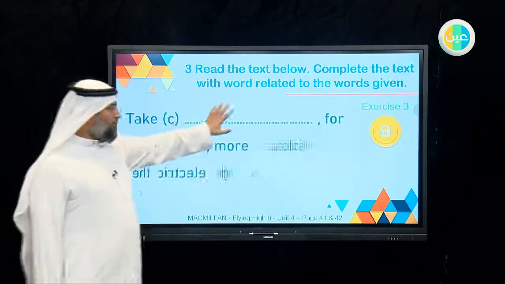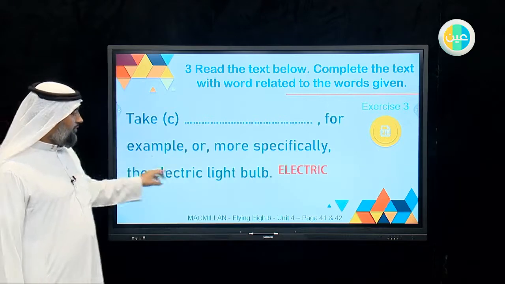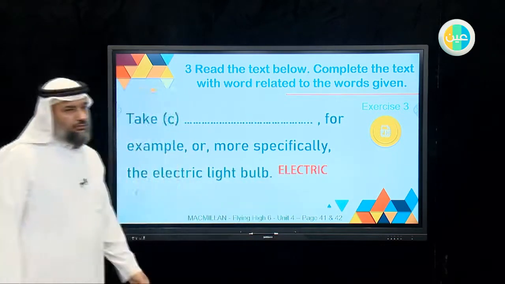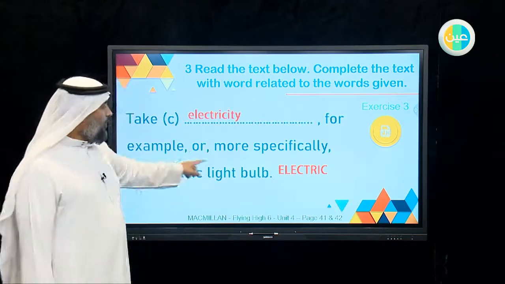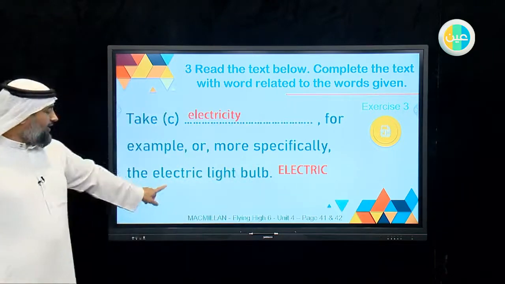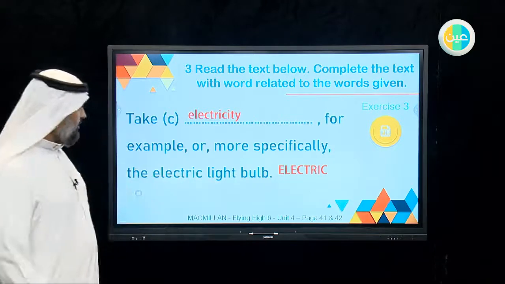Take, then blank, of, for example. Take, for example, he said electric. We took it before. Take electricity, for example. Or more specific, بشكل خاص, the electric lighting bulb. المصباح الكهربائي.